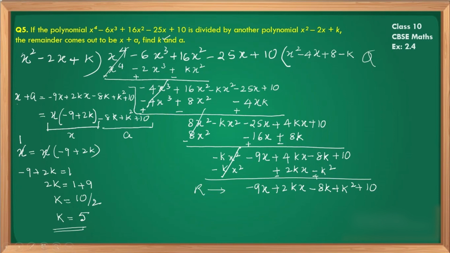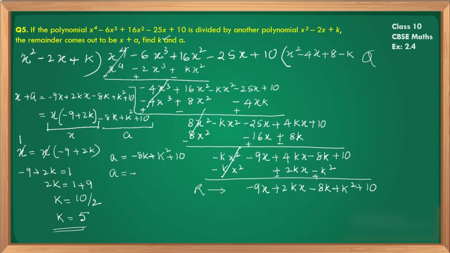Now what is the leftover? We have to find out a. Now that you can find out from this equation. Here what we do? A is equal to minus 8k plus k square plus 10. Now wherever we have k, we can substitute this value, that is 5. So a can be written this way.